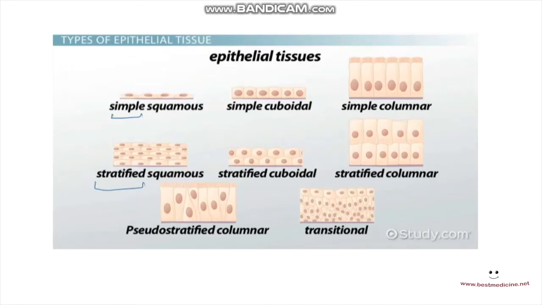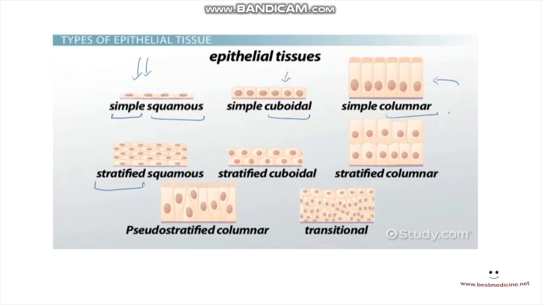Now, those cells can have different types of shapes, right? They can either be completely flattened, as if they're pressed from the top and squeezed into flat discs, and we call this shape squamous. Or they could be sort of even from all sides, and we call them cuboidal. Or they could exist as large columns, which is obviously called columnar.